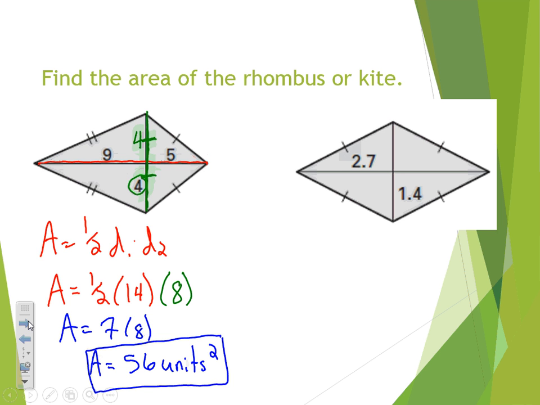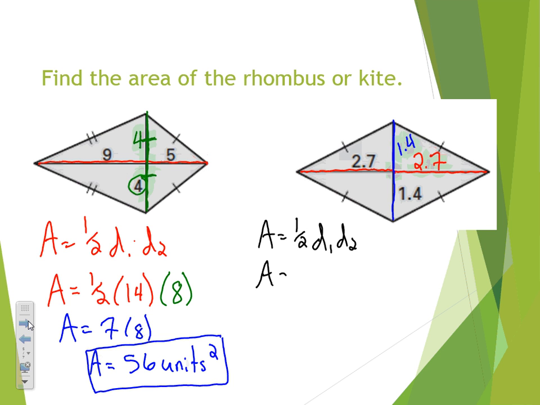Also important thing to know about rhombuses is that the diagonals bisect each other. So if this is 2.7, this side also has to be 2.7. And if this is 1.4, this side also has to be 1.4. Now we can plug it into our formula. So area equals 1/2 diagonal 1 times diagonal 2.